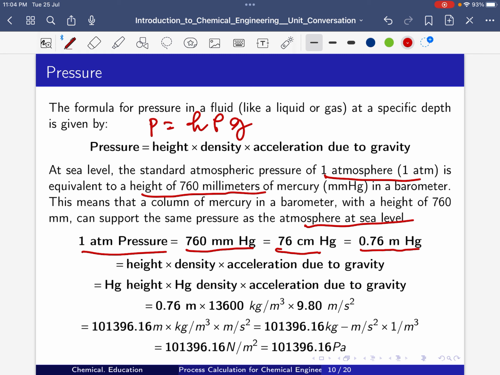Here Hg height is 0.76 meter, density is 13,600 kg per meter cube, and acceleration due to gravity is 9.81 or 9.80 meter per second square. If you do the calculation, we will get 101,396.16 kg per meter second square.